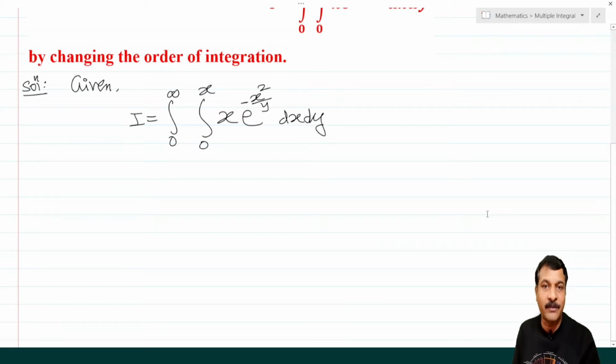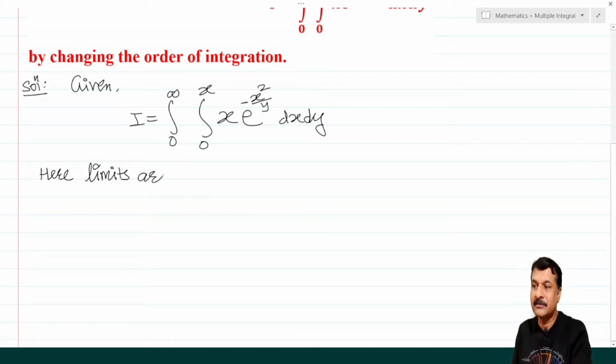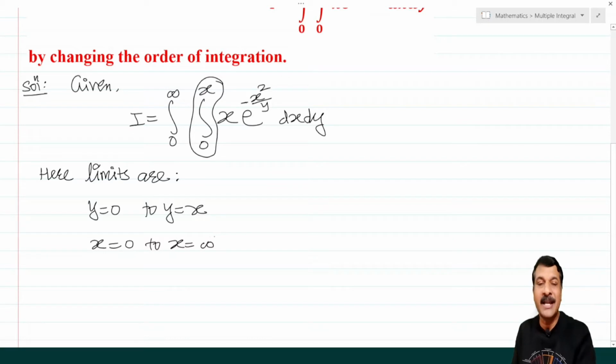By the given limits, you find the region of integration. The limits are y equal to 0 to y equal to x, and x equal to 0 to x equal to infinity. Note that the y limits contain x, and definitely the outside limits are of x.